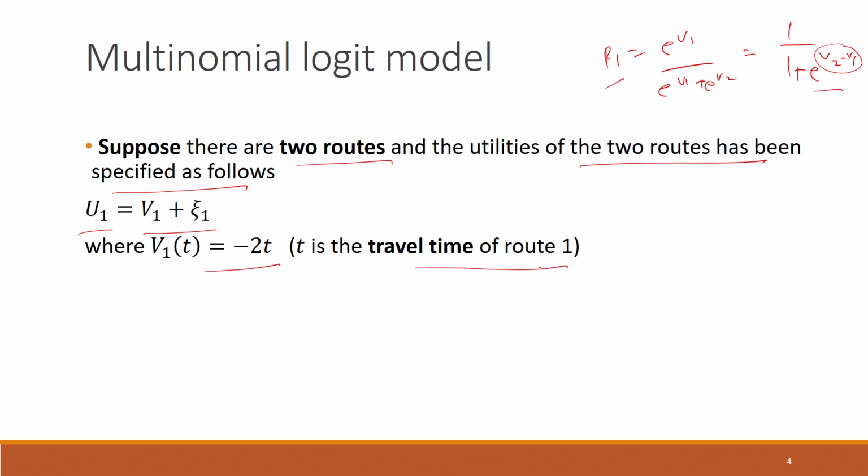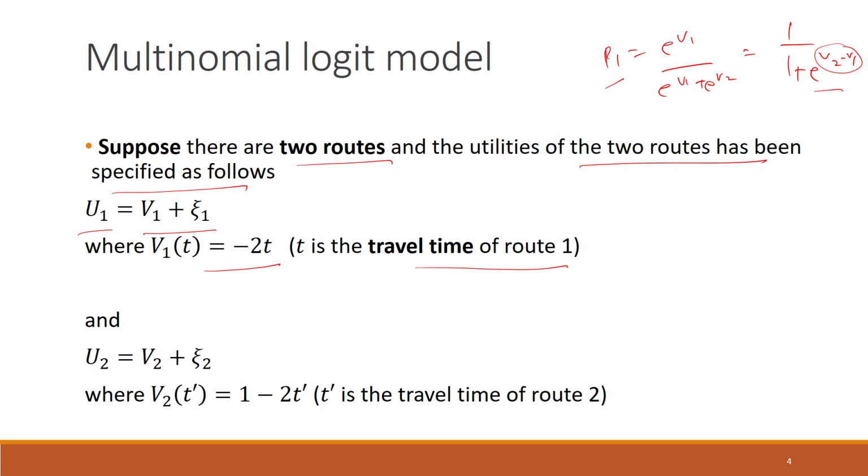Suppose the utility of the second alternative is given by V2 plus the error term of the second alternative, where V2 is a function of t dash and is equal to 1 minus 2t dash, where t dash is the travel time of route 2.